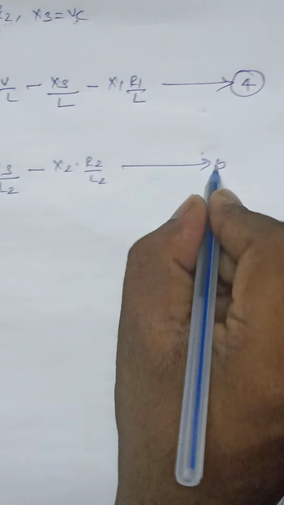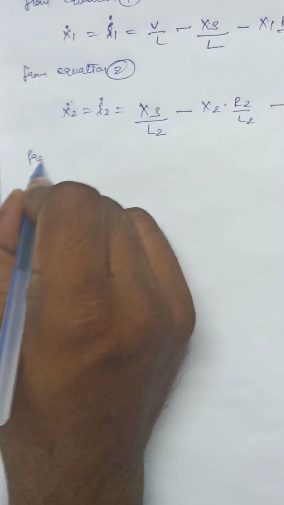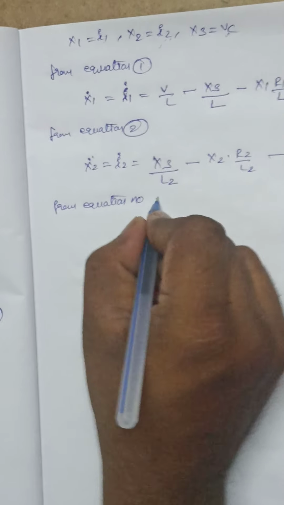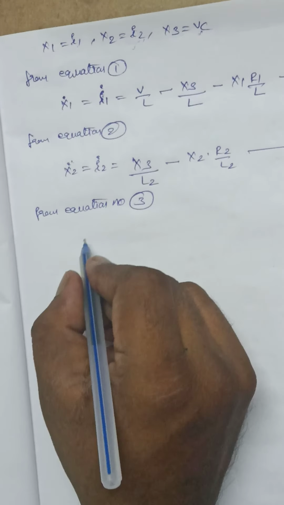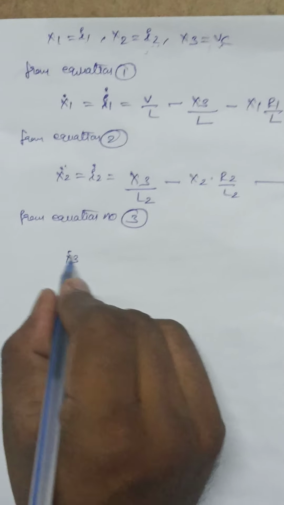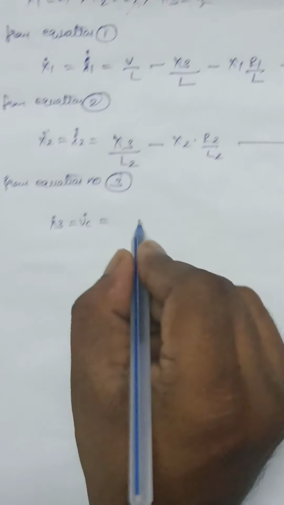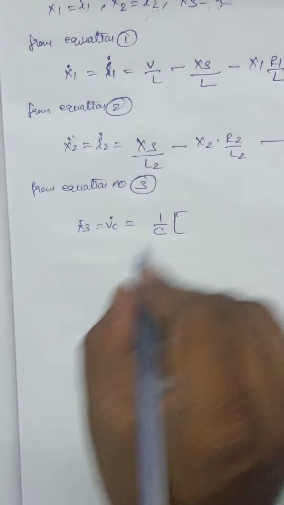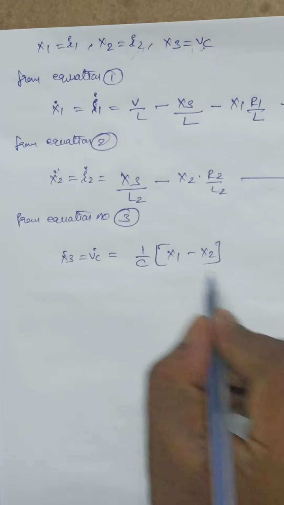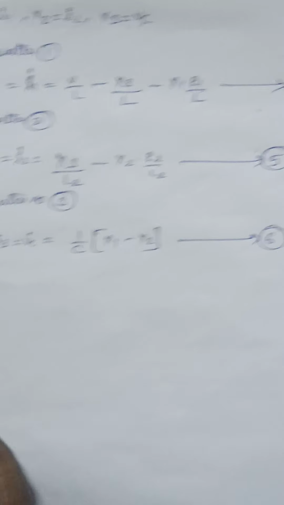Let us call this equation number 5. From equation number 3, Vc dot, that is x3 dot, is equal to 1 by C into I1 minus I2, where I1 is x1 and I2 is x2, so x1 minus x2. Let us call this equation number 6.